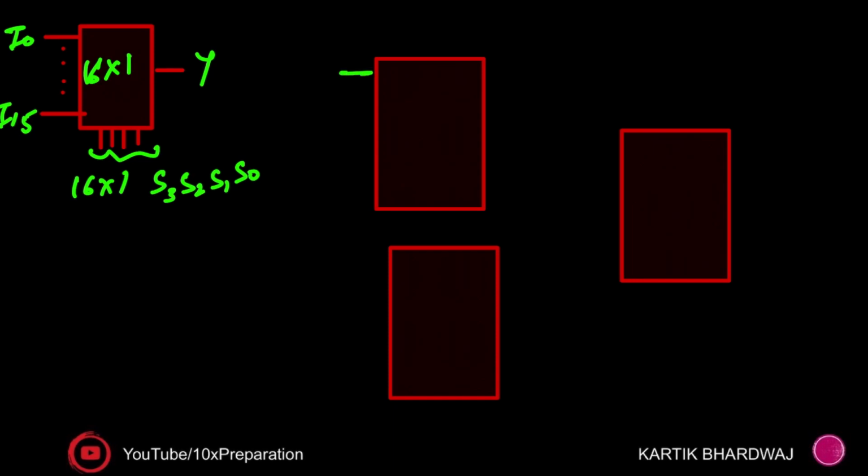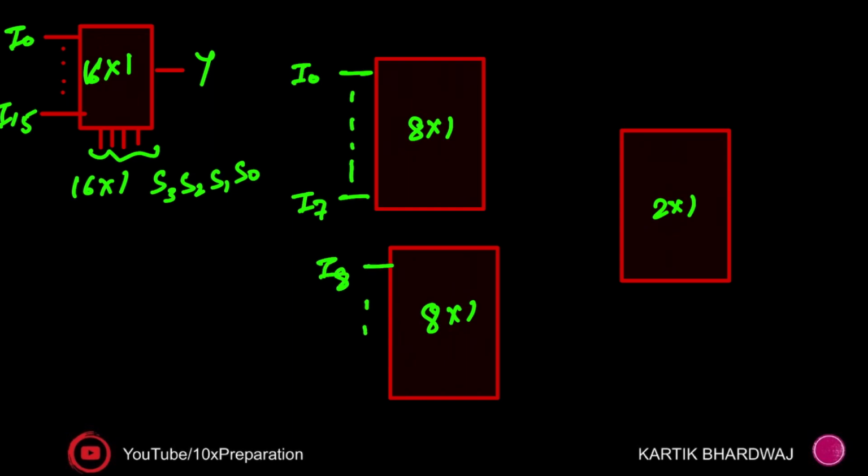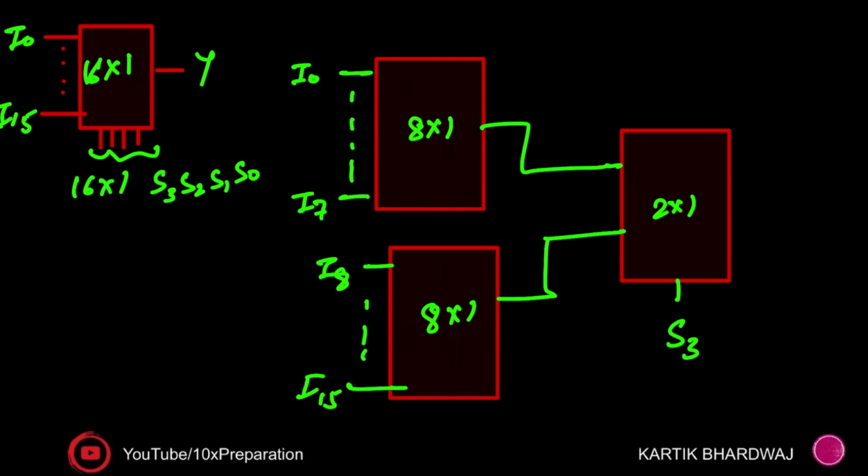Initially, you have to take two 8 cross 1 muxes and a 2 cross 1 mux. I0 up to I7 go to the first, and I8 to I15 to the second. The select lines S0, S1, S2 go to both, and the MSB, S3, goes to the 2 cross 1 mux.